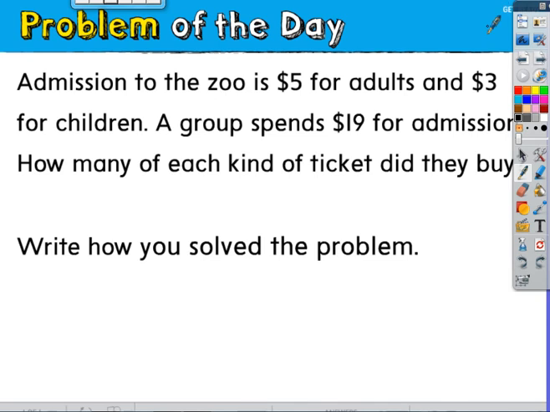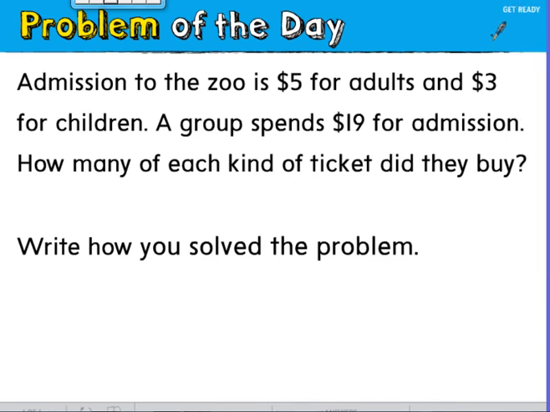All right. So here's our problem of the day. We'll do it together. It says admissions to the zoo is $5 for an adult and $3 for children. A group spends $19 for admission. How many of each kind of ticket did they buy? Write how you solve the problem.